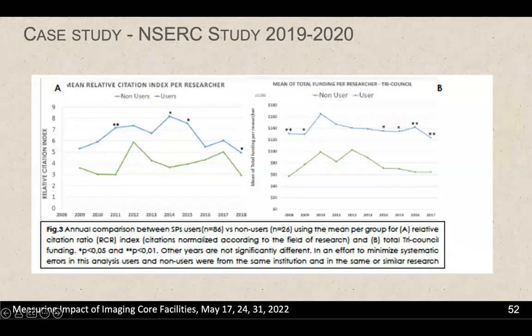And these different users also were doing the same type of research. Yeah, that's another thing. It could be biased by the fact that they just do different types of research. What we did is use normalized citation, so that we minimized the effect of being in different fields. And of course, it's a whole faculty, so it's very different types of research done there.